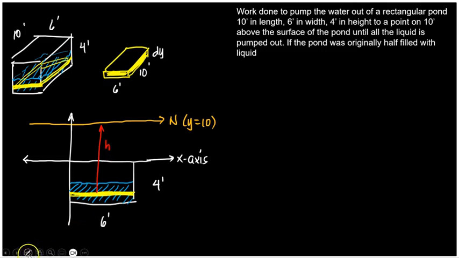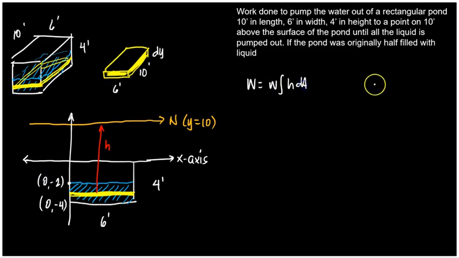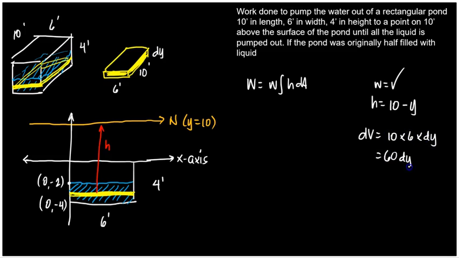That's H. So that means this point is 0, -4. Halfway is 0, -2. So work is W integral of H dV. For the density, that's constant. H, that's 10 minus y because I need to pump it to a point that's 10 feet above the surface. dV is length times width times height: 10 times 6 times dy, or 60 dy.